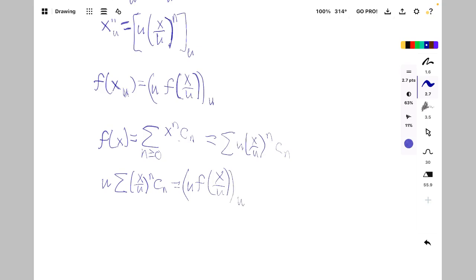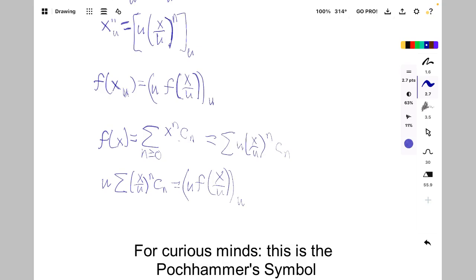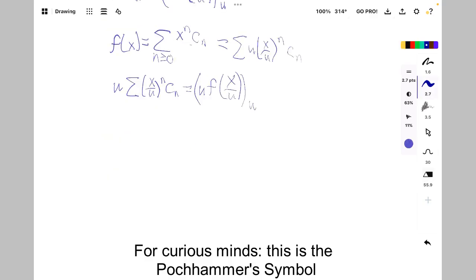Now, don't worry, I did create a new notation for this. You don't have to write the weird parentheses with the u every time, because I know people already use that notation for things like the falling factorial.